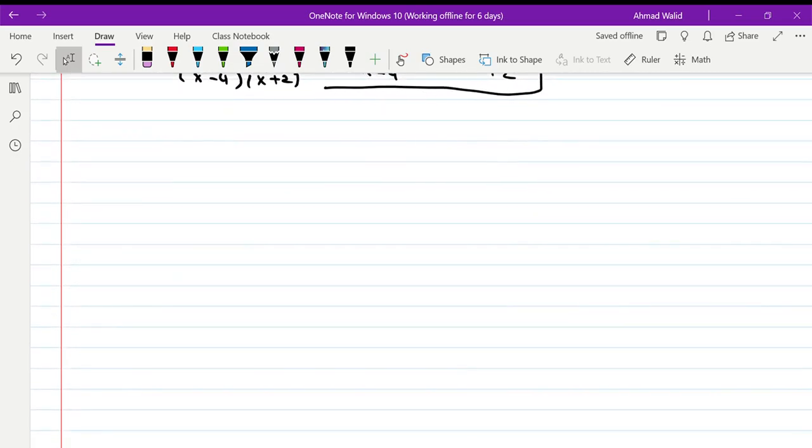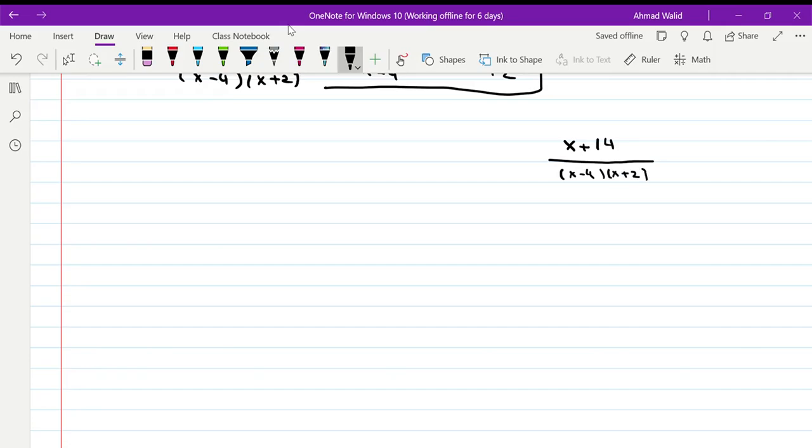You may ask me why we are doing this, why we are learning this. What is the purpose? Why do I want to decompose a nice fraction? Yes, it looks really nice to you here when you have x plus 14 over x minus 4 times x plus 2.